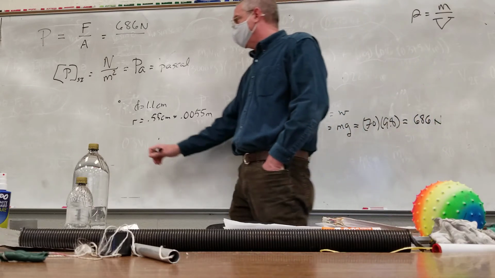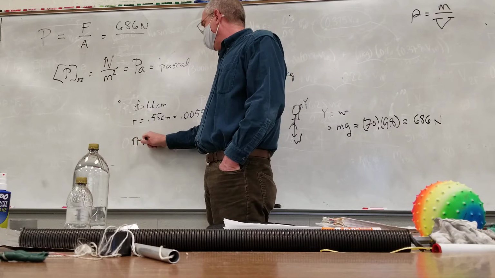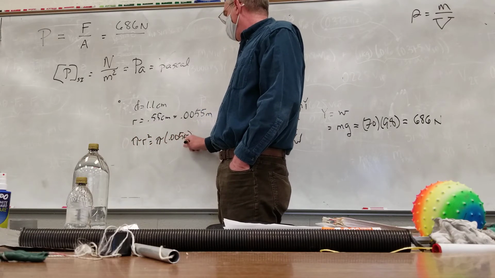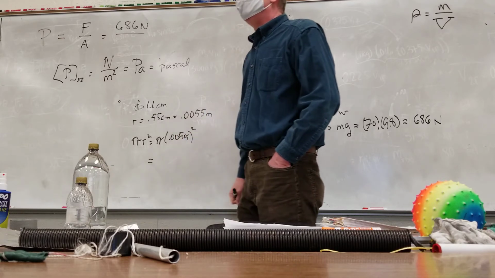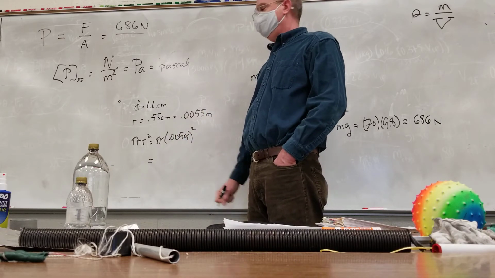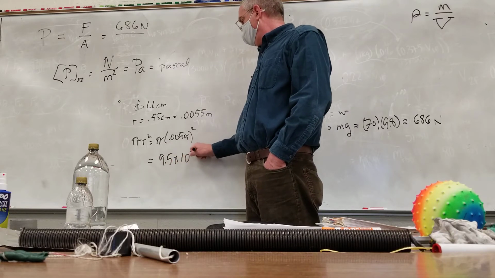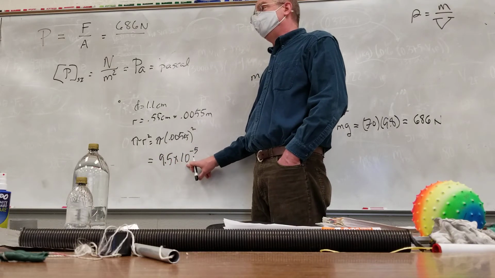Yes, it's a circle. So pi r squared. So pi times 0.0055 squared. And what do you get? 9.5 times 10 to the negative fifth. Is that what you said?